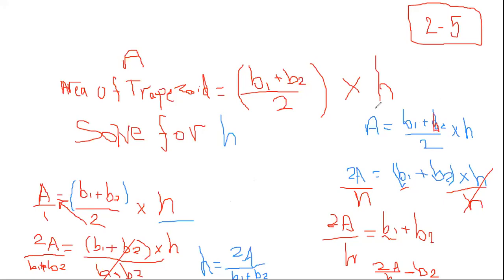So we transfer it to the opposite side, but this time you subtract. Then B1 equals 2 area over h minus B2. This lesson is very important to know how to rearrange to solve for a variable. As I said, it's lesson 2.5 in your book.